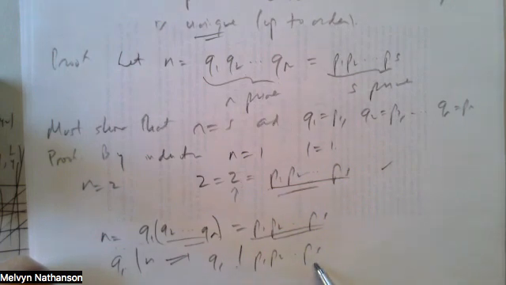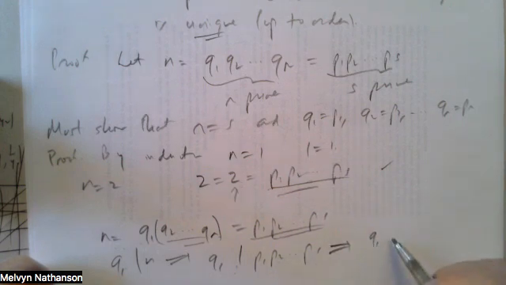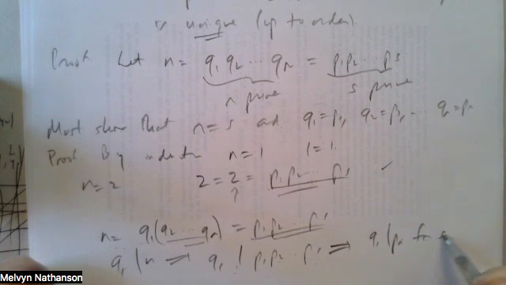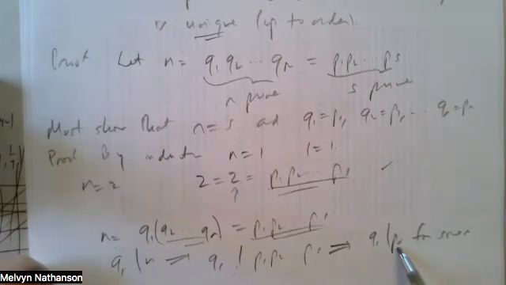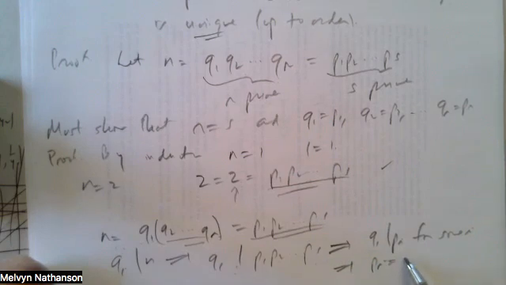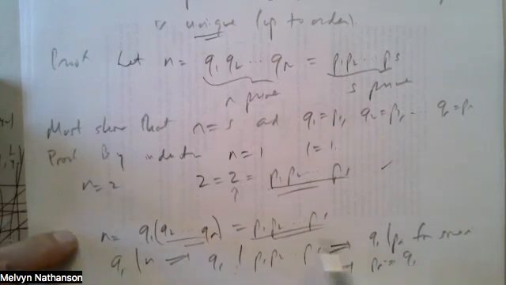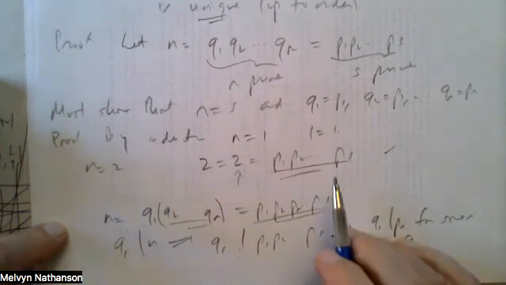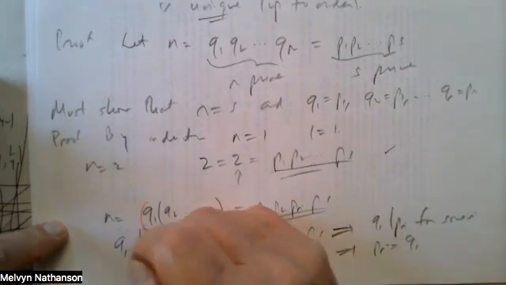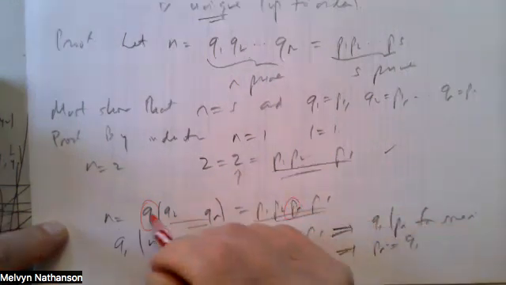It divides this product. But if a prime divides a product, it divides one of the factors. So q1 divides p sub i for some i. But the only number bigger than 1 that divides a prime is itself. So p sub i is equal to q1. So here I have this number p sub i, and this number equals this number. So I can divide by it.